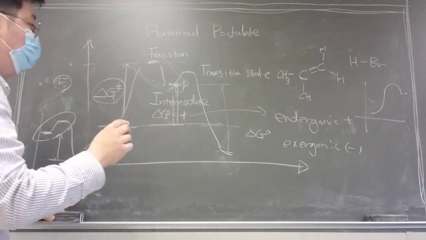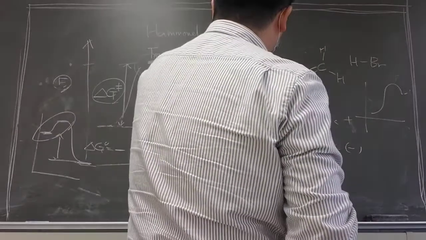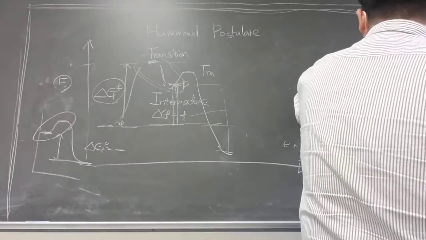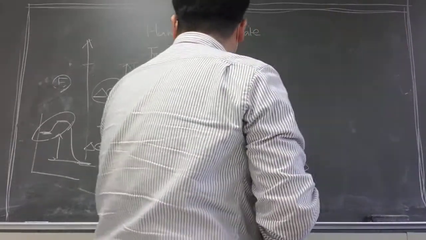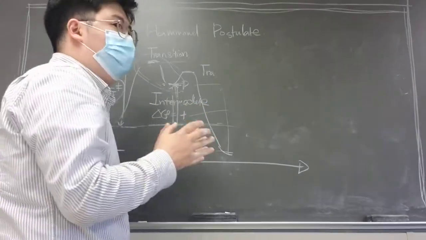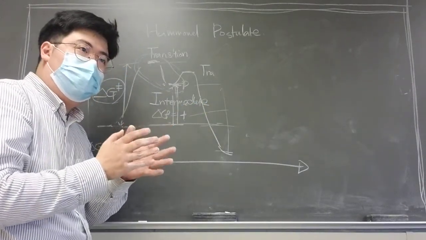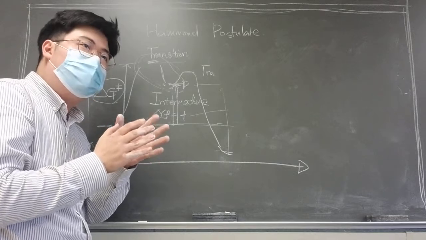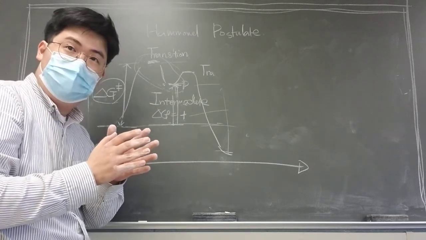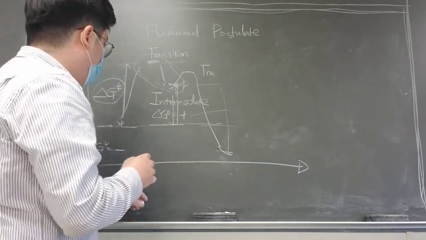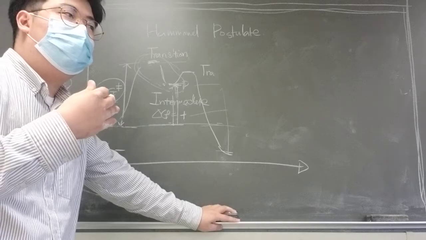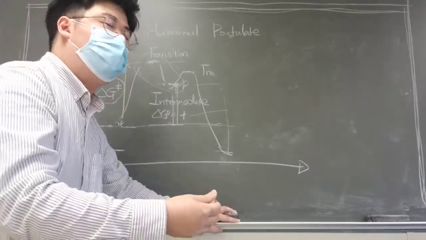Okay. So if that is true, it kind of makes sense on the mechanistic rule here. If this is true, you have to have a stable transition state to have a stable product, right? Makes sense? Because a chemical reaction always happens toward a more stable form.